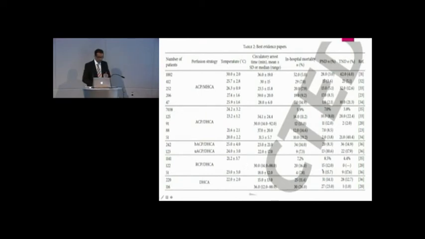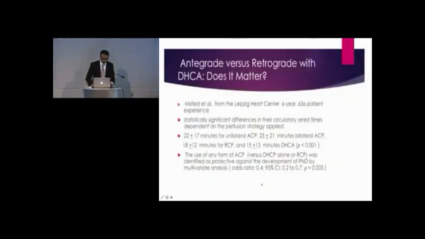Retrograde has a good result, but the ischemic time is less than what we're seeing in antegrade. Deep hypothermic circulatory arrest also has a little bit lower result than others, but its ischemic time is even less and less.